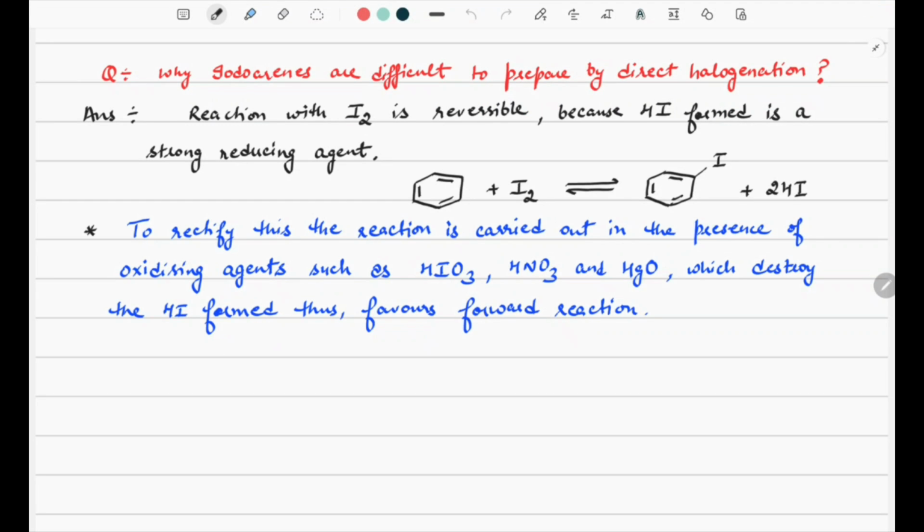Moving further, there is a question which is generally asked: why are haloarenes difficult to prepare by direct halogenation? The answer is that the reaction with iodine is reversible because the hydrogen iodide formed is a strong reducing agent.